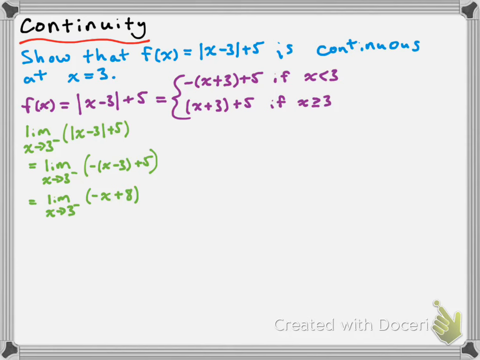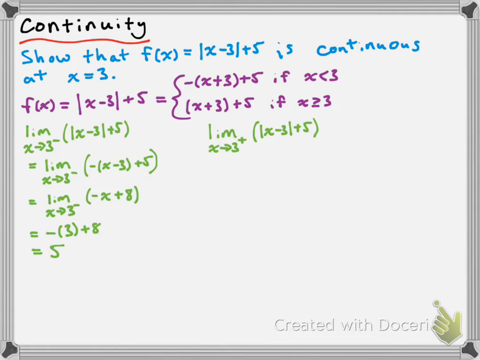And this is actually something that we could evaluate simply by substituting. So we're going to substitute the 3 in, which gives us negative 3 plus 8, which of course gives us a value of 5. So the left-hand limit gives us 5. Let's check the right-hand limit. So the limit as x approaches 3 from the right of absolute value of x minus 3 plus 5.